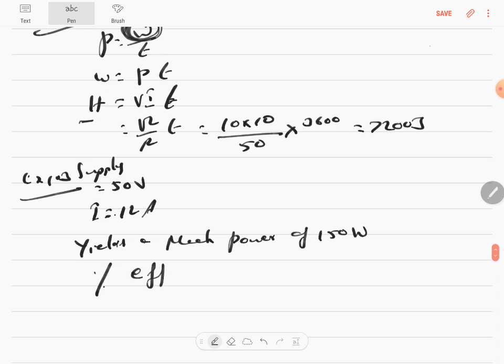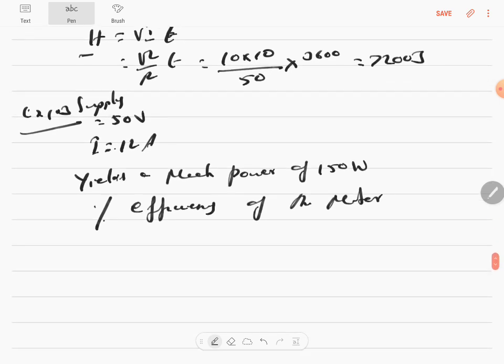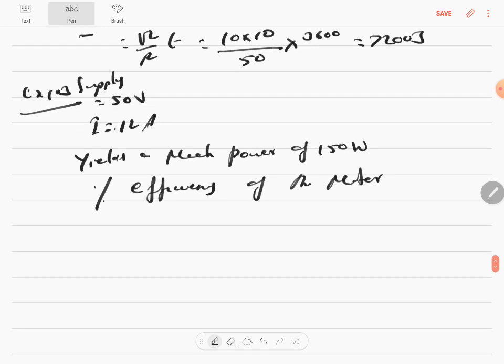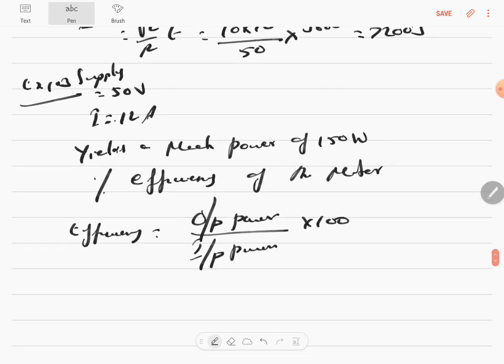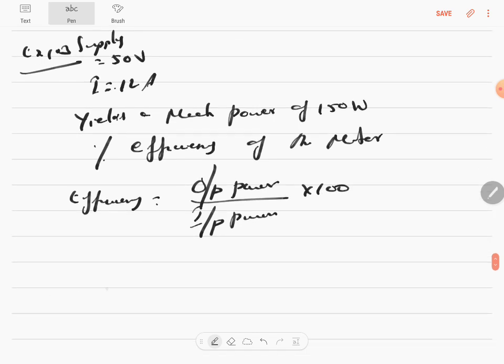Percentage efficiency of the motor. First of all, you should know the efficiency formula: efficiency is output power by input power into 100. How much power is it taking? It's drawing some power, but however it is able to output only so much power.